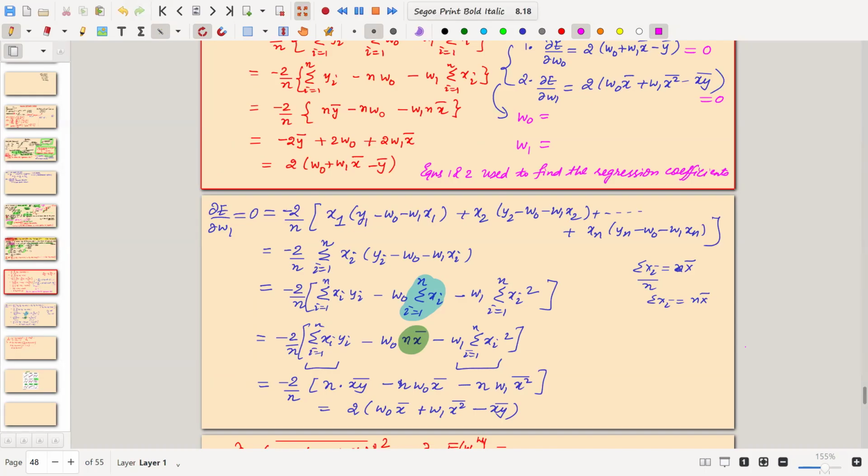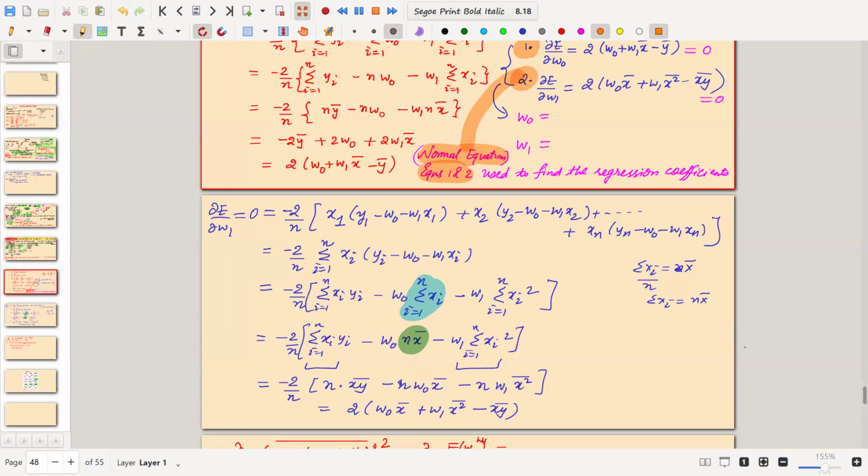Those equations are known as the normal equations. I hope you might have heard this term before, maybe in interpolation in your previous semester. So these two equations are the normal equations.